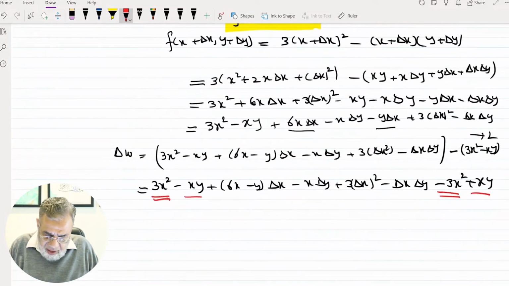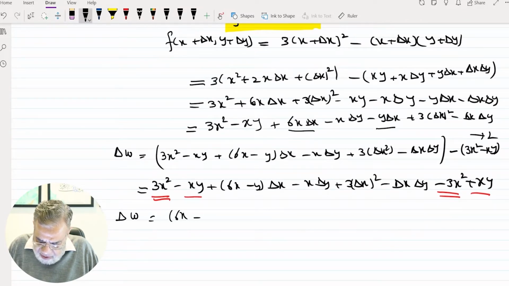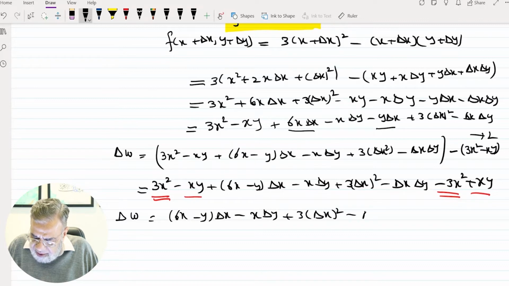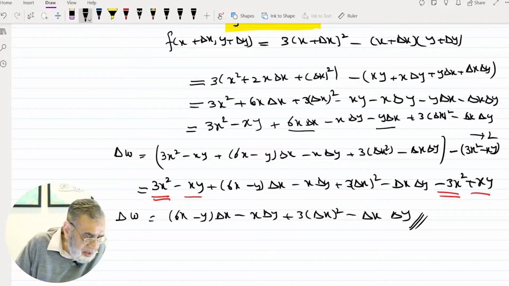They are cancelled, and we get the value of delta w is equal to 6x minus y into delta x minus x delta y, plus 3 delta x whole square minus delta x delta y. So that's my result. This value of delta w is the change in w when both x and y are changed. So this was the result for that one.